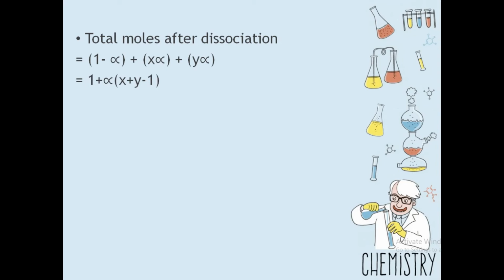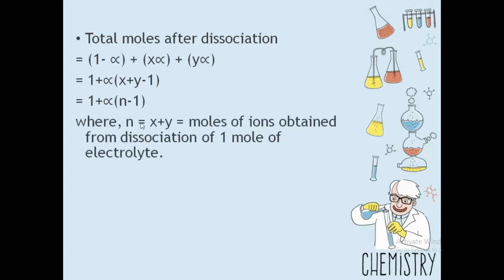So we can write 1 plus alpha (n minus 1), where n, which is equal to x plus y, is equal to the number of moles of ions obtained from the dissociation of 1 mole of electrolyte, which means n moles are obtained when 1 mole of electrolyte is dissociated.